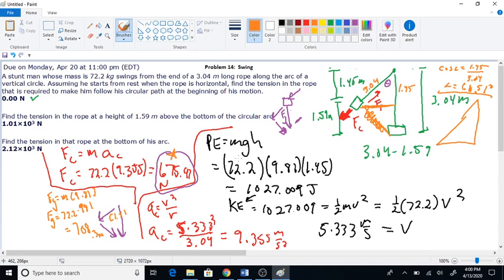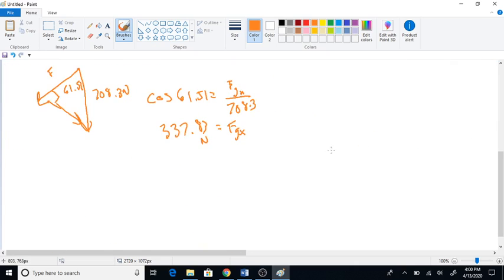Now, if we go back up here, we had our first force here, and that's in this direction right here, and we combine that with this force here. Basically we have this swing, and we have this FGX and this FC.